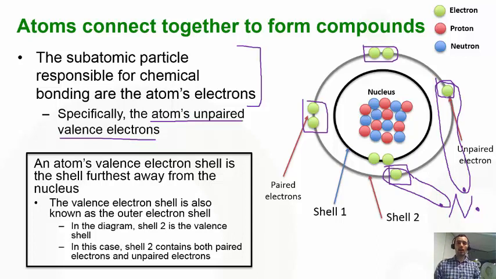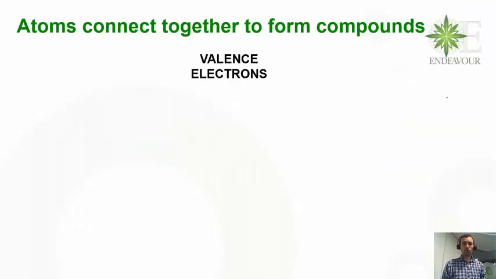So that's the basis of how compounds are formed. Atoms come together, sharing their unpaired valence electrons to get full valence electron shells.